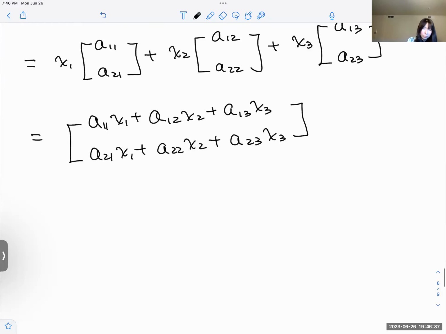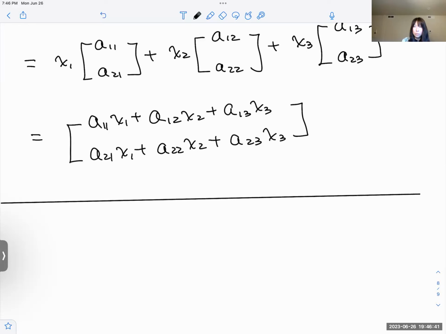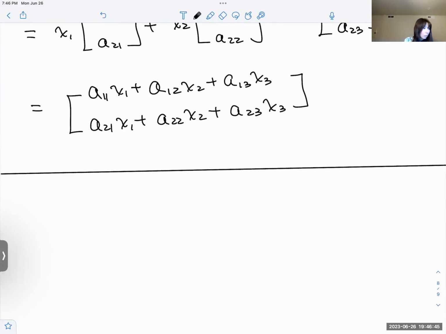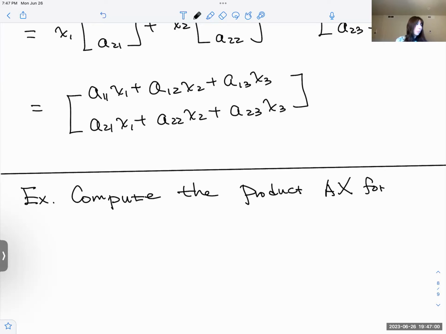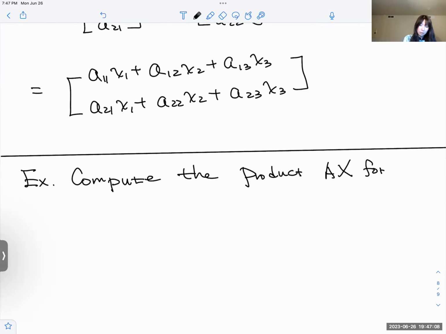Compute the product AX for A equal to a 3 by 4 matrix: 1, 0, 2, 2, 2, 1, 1, 1, 4, 3, negative 2, 1.